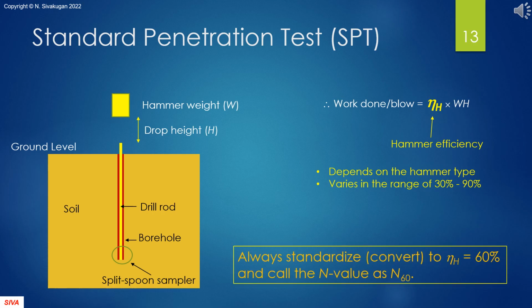For the SPT rigs used worldwide, the hammer efficiencies vary in the range of 30% to 90%, making it difficult to compare the N values between 2 rigs. We can't compare apples and oranges.